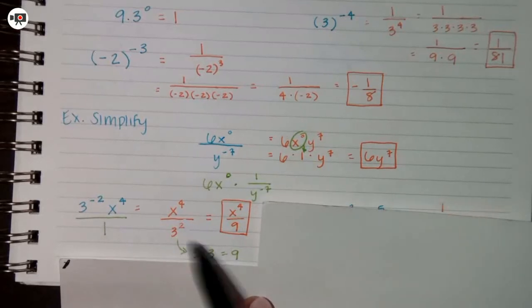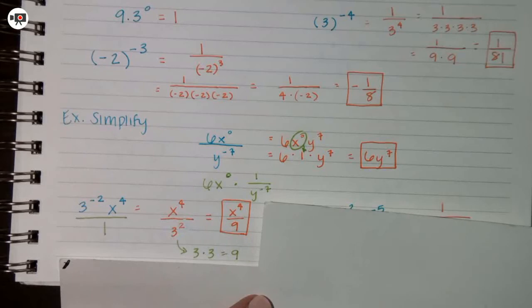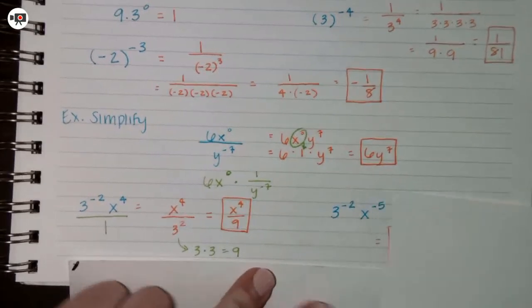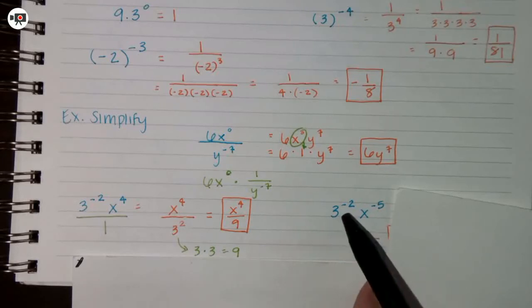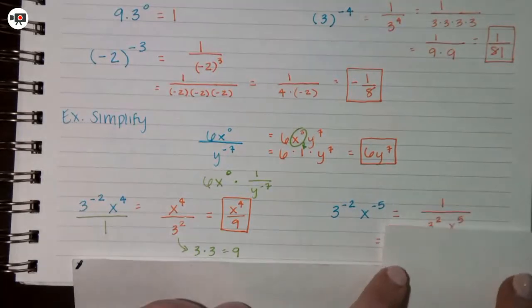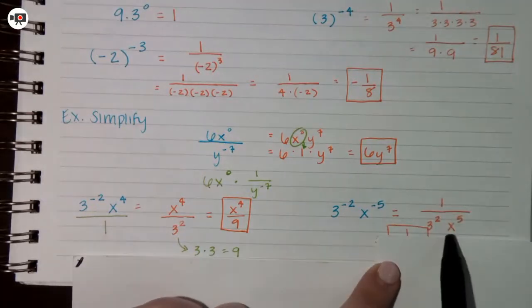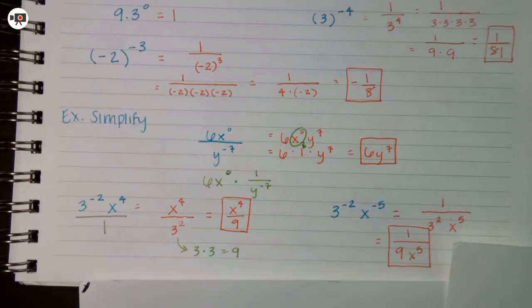And so 3 times 3 is 9, so I have x to the 4th over 9. What if I have 3 to the negative 2 times x to the negative 5? These are both negative exponents, so they both go to the denominator of my fraction. I can simplify 3 squared, and that is 1 over 9 times x to the 5th.